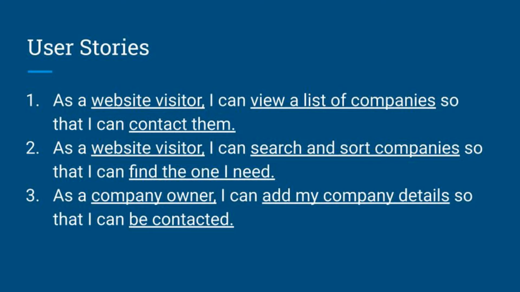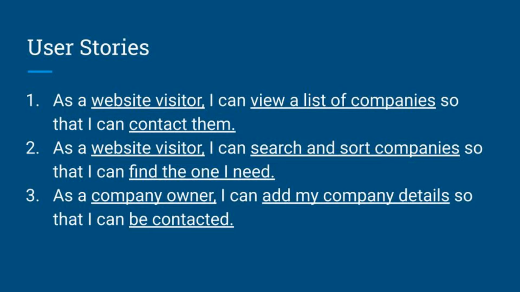So if you see here, as a visitor, I can view a list of companies so that I can contact them. So you have the user, what you want them to do and why. Number two, as a website visitor, I can search and sort the companies so that I can find the one I need.